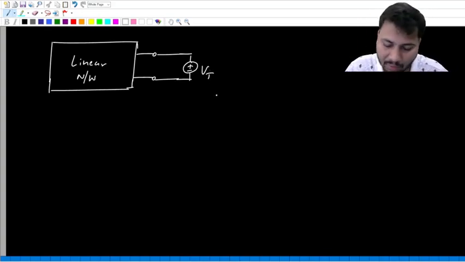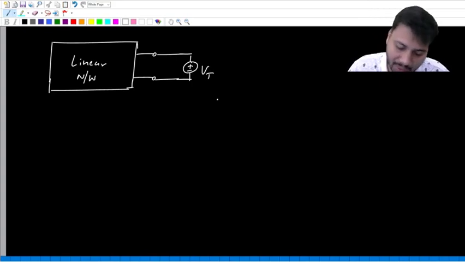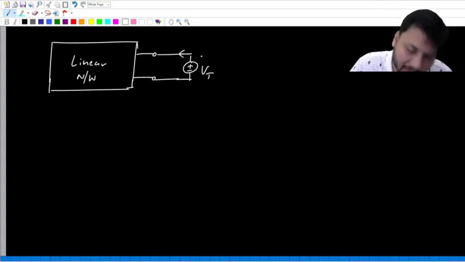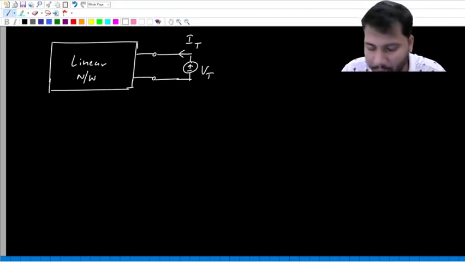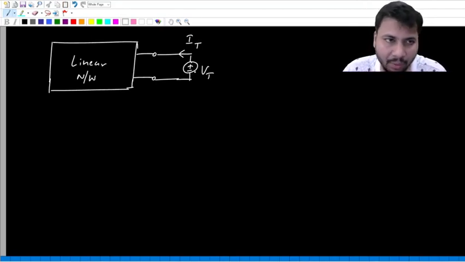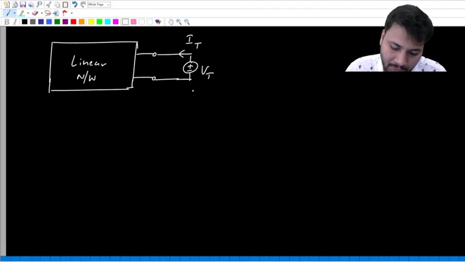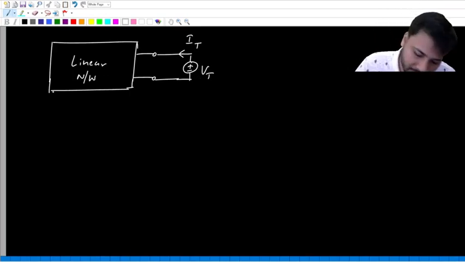So Vt is a test voltage source, and let the current flowing out of the plus terminal of this test voltage source be It, again T for test. Generally we connect a load, but here I have not connected a load. Instead I have connected a voltage source Vt.